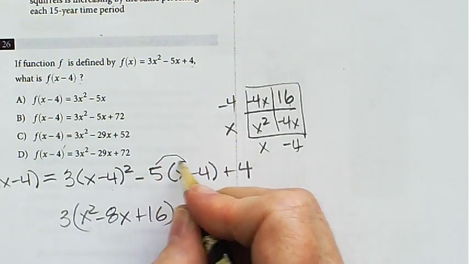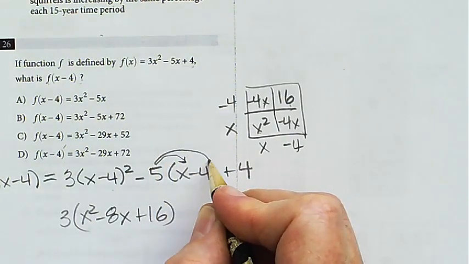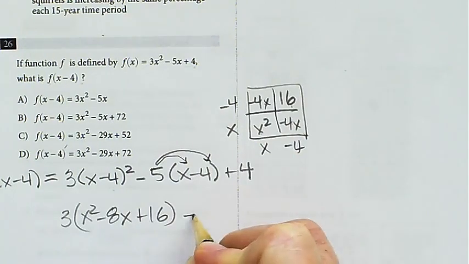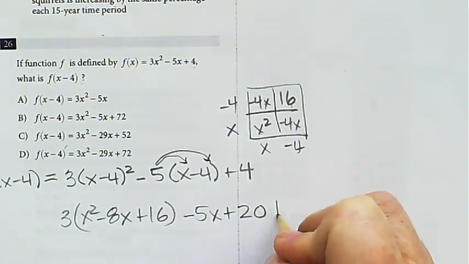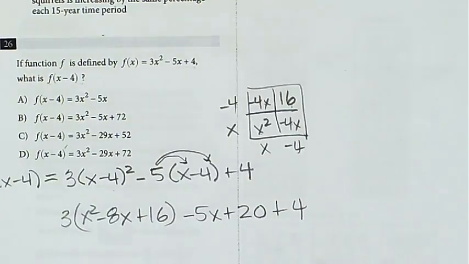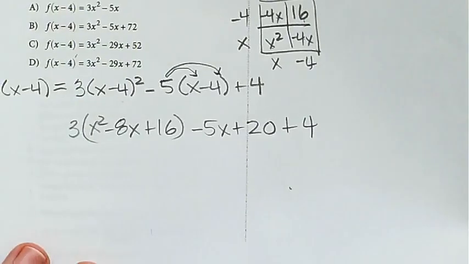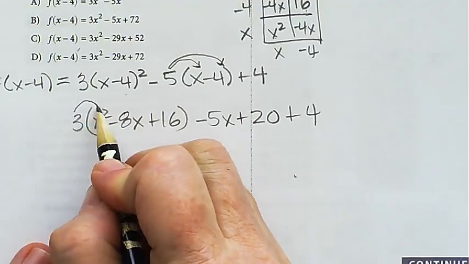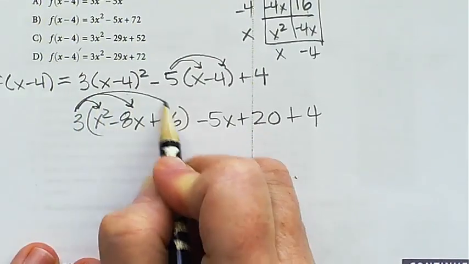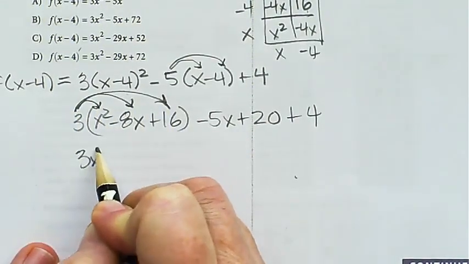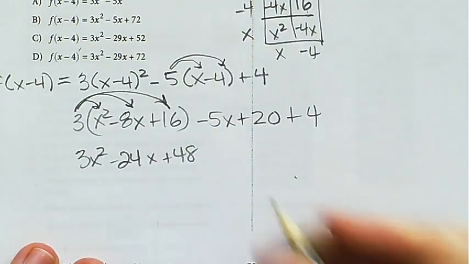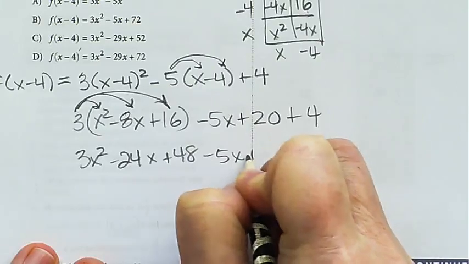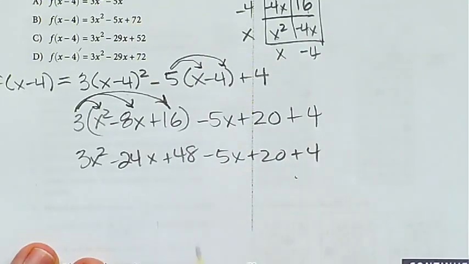I'm going to go ahead and distribute this. That's going to give me minus 5x plus 20 and bring down plus 4. Then I'm going to distribute the 3. So 3x squared minus 24x plus 48 minus 5x plus 20 plus 4.